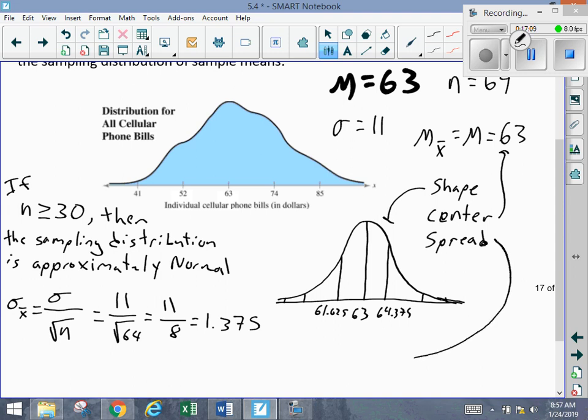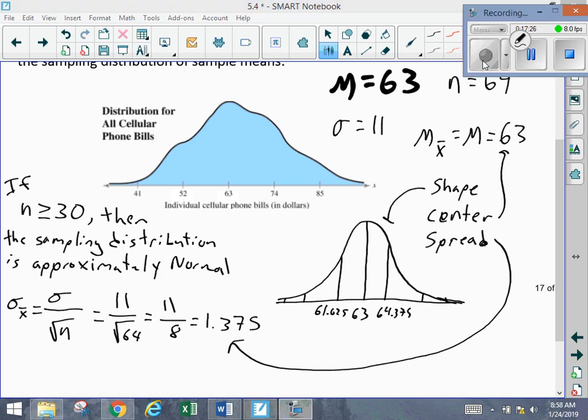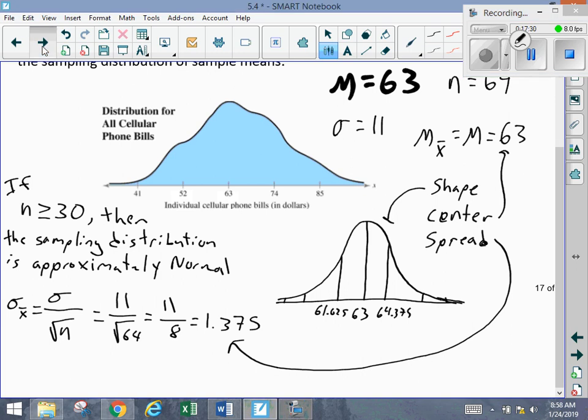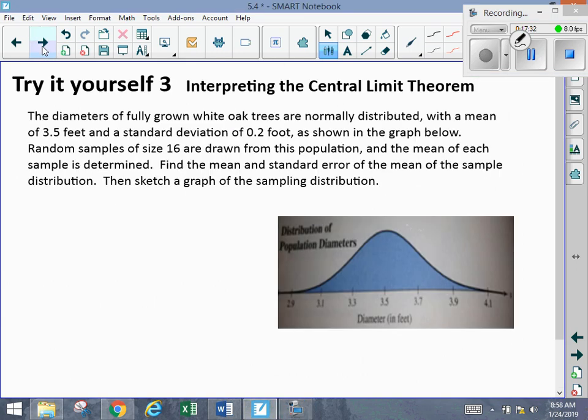That is what our standard deviation is. Standard deviation is a measure of spread, mean is a measure of center, and for shape, it's approximately normally distributed, so the shape is normal. In fact, we've not really described a distribution fully.